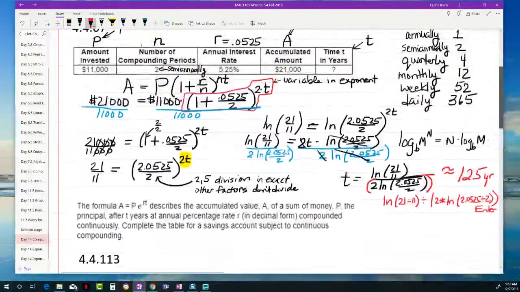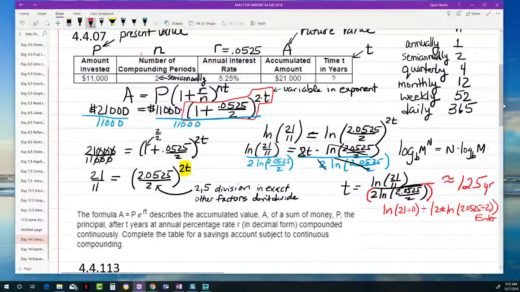There we go. 12.5 years. Okay, so just check to make sure that you can get that value on your calculator.